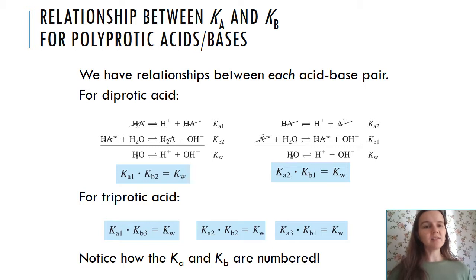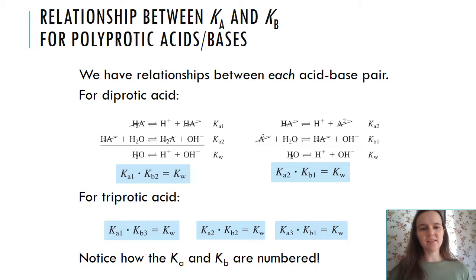Now, because of polyprotic, it's the neighboring pairs that we look at. So we still have this concept of Kw equals Ka times Kb, but you have to keep track now of which ones we're talking about. So the Ka1 is the one going between, say, H2A and HA minus. And that's like for a diprotic acid on the left in the middle of the page here. And that is conjugate to Kb2.